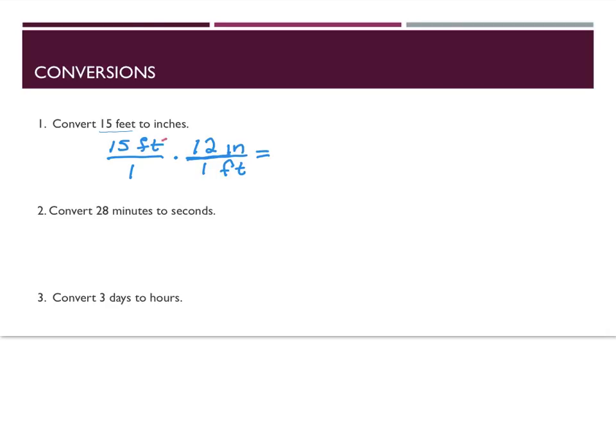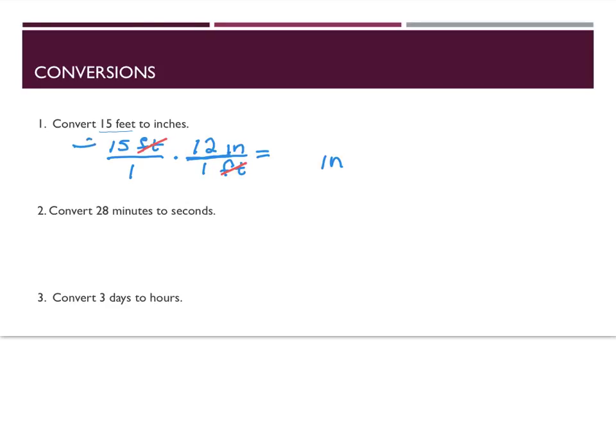If I've got feet on top, I can cancel that unit with feet on the bottom. That means the only units I have left are inches on top. For that to be my answer, I need the unit I want to be left in the numerator. So if I do the math that's indicated in the problem, my final answer will be in the unit of inches.